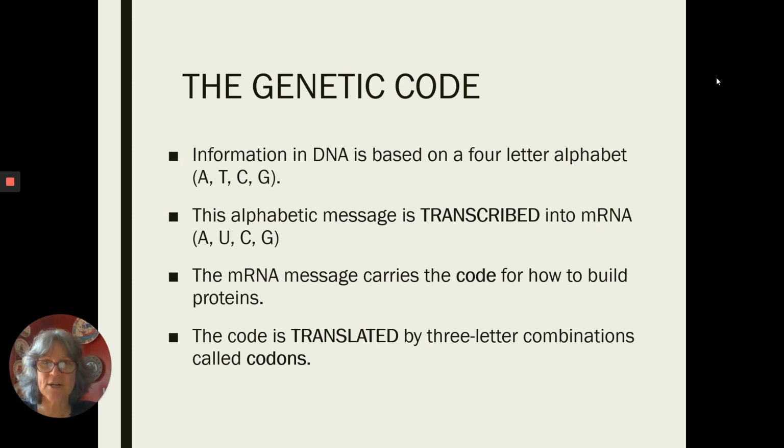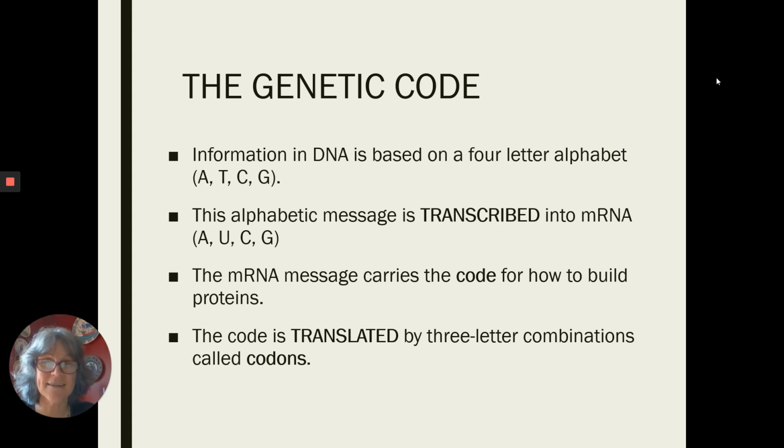So my genetic code, information on DNA, is based on a four-letter alphabet: adenine, thymine, cytosine, and guanine. I'm going to transcribe that into messenger RNA. RNA has some differences from DNA, and the most noticeable one here you'll see is that we don't have thymine anymore. We have a new nitrogen-containing base, uracil.